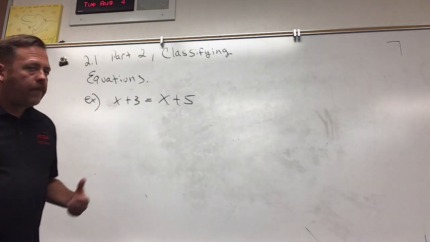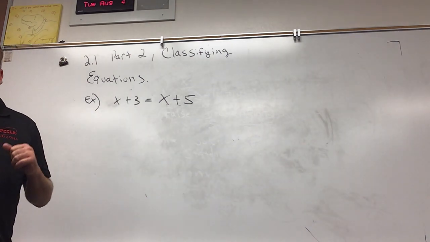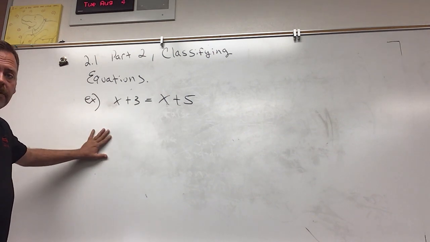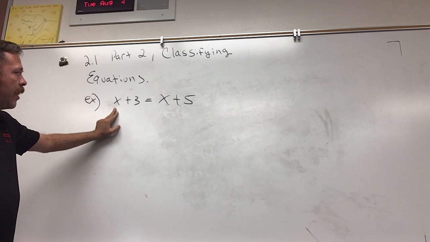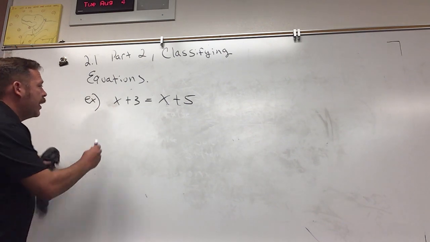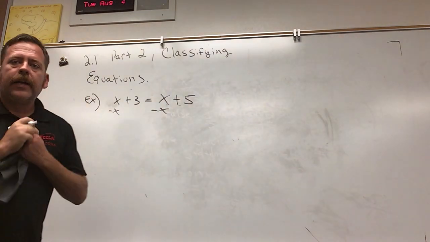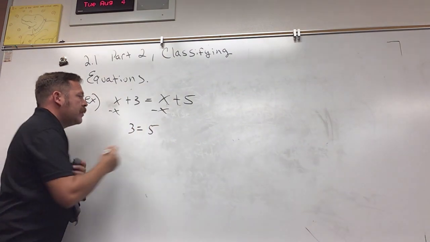There's no fractions to clear, and there's no like terms on each side to combine. So we're already on the step of moving all the variables to one side. I'm going to choose to subtract this x from both sides, and if I do, both x's go away, and I'm left with 3 equals 5.